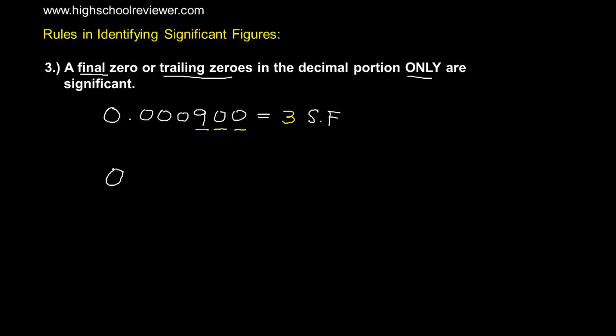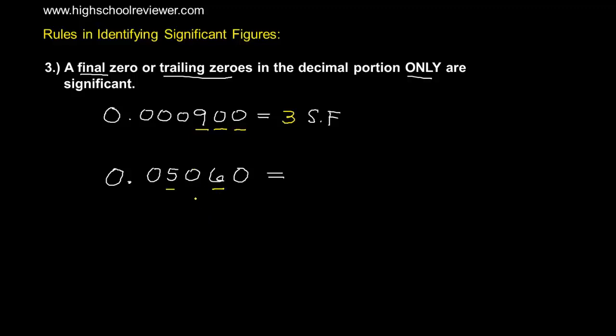Let's have another example. We have 0.05060. 5 is a non-zero digit. This is significant. 6 is also a non-zero digit. It is significant.